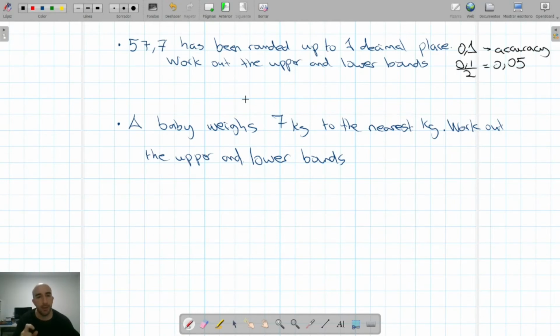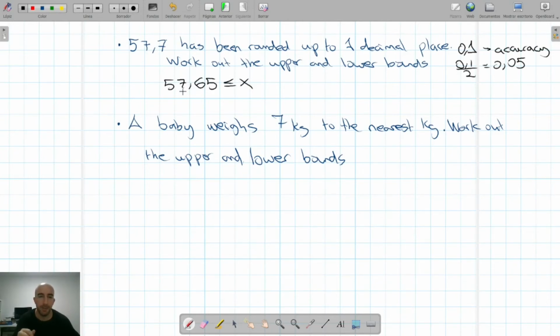Okay, and now we're going to find our limits, our boundaries. Our lower boundary is our measurement minus 0.05. So that means this is 57.65. That's our lower bound.